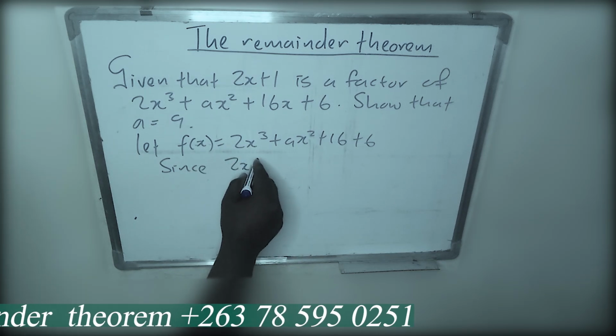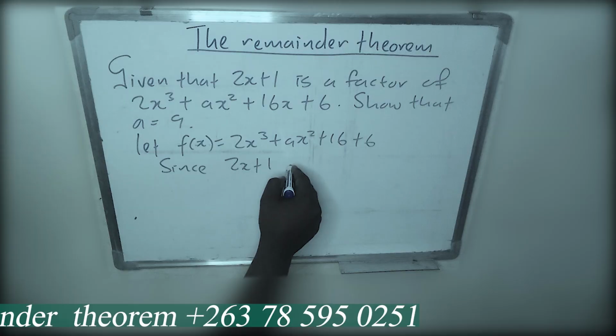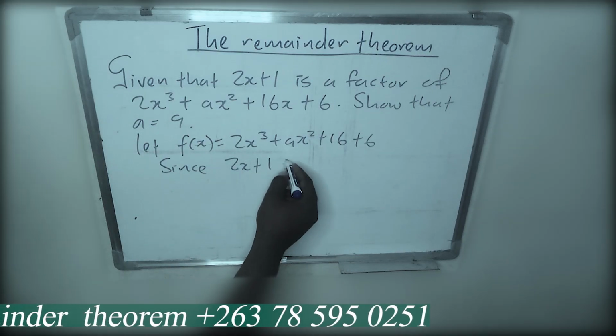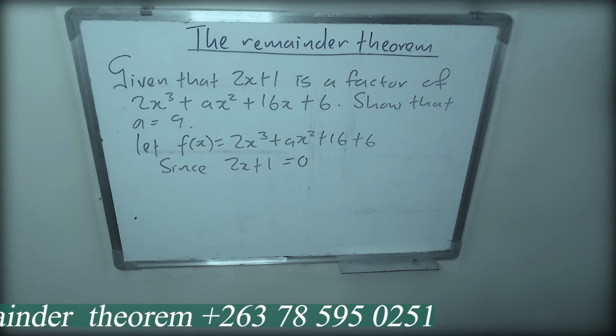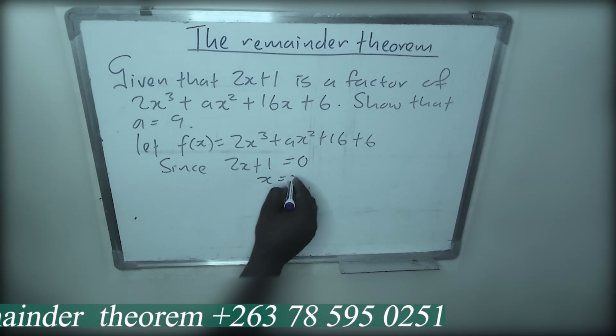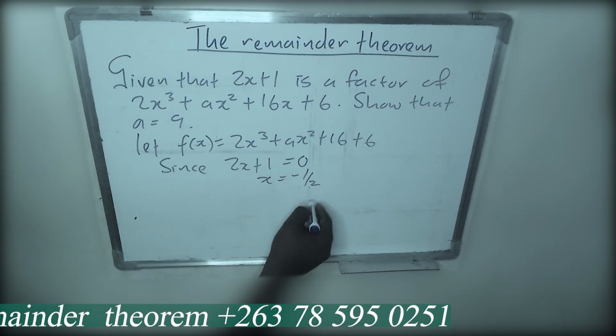Since 2x plus 1 is a factor of this polynomial, let f of x equal 2x to the power of 3 plus ax squared plus 16x plus 6. Since 2x plus 1 is a factor, set it equal to 0 to find the root. Solving, x is equal to minus a half.